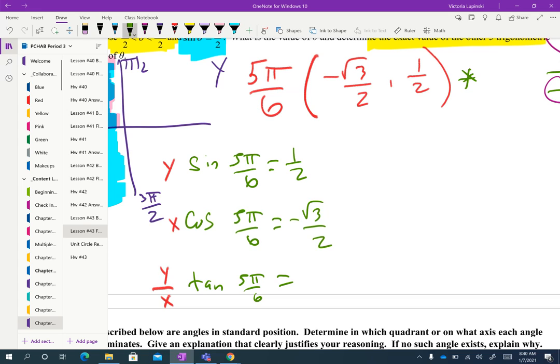The tangent is y over x, so 1/2 over negative root 3 over 2. The 2's cancel, giving negative 1 over radical 3, which becomes negative radical 3 over 3. So there's your sine, your cosine, and your tangent.